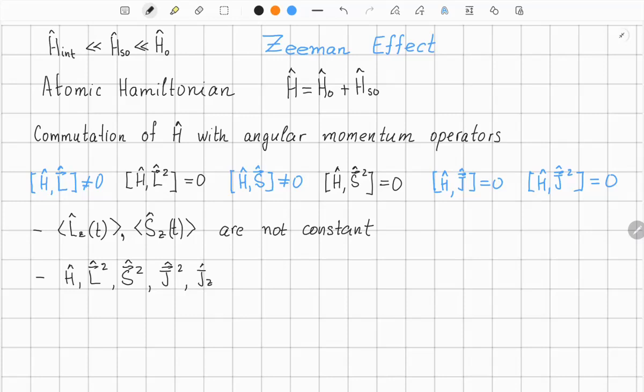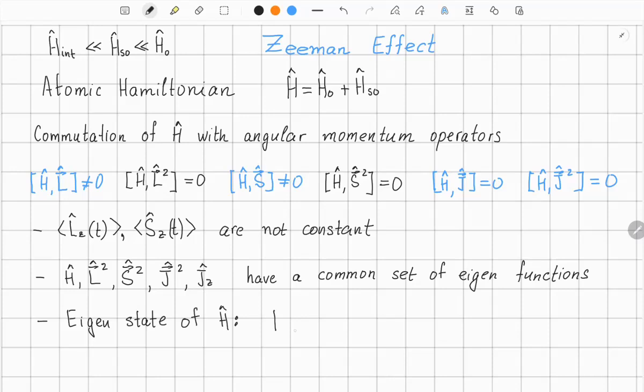As a result, it is possible to find a common basis for all of them, and we can use the quantum numbers L, S, J, and Mj to label the eigenstates of the Hamiltonian H.